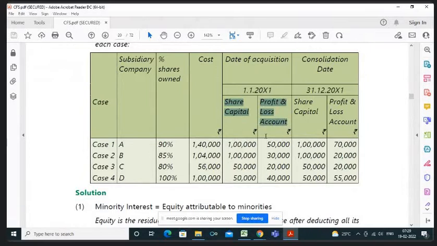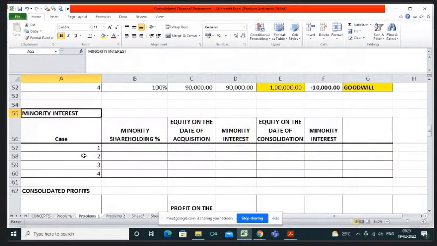So here we have two numbers only, share capital and profit and loss. So we have to see this total and multiply with the minority holding percentage. How to find out the minority interest percentage? The total will be always 100%. Out of that, holding company has some portion, parent's share of equity. Then the rest portion will be called minority interest. So we have to prepare a table like this for calculation of minority interest.